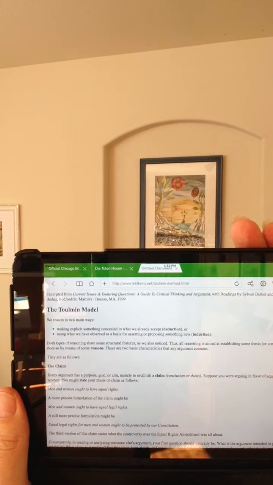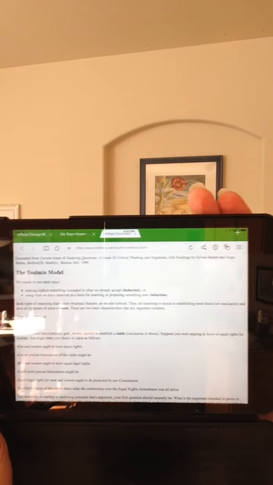It's basically a philosophical mode of argumentation, whereby you have a claim, your thesis. I'm sure you've all heard of this kind of writing before, particularly in argumentative writing. Then you have the grounds, or the evidence that you provide to support your claim. And then the third major part is called the warrant.